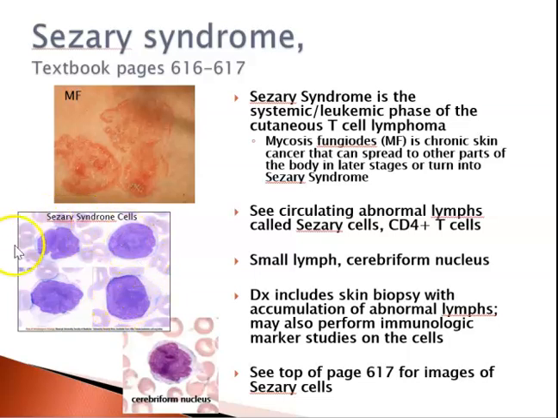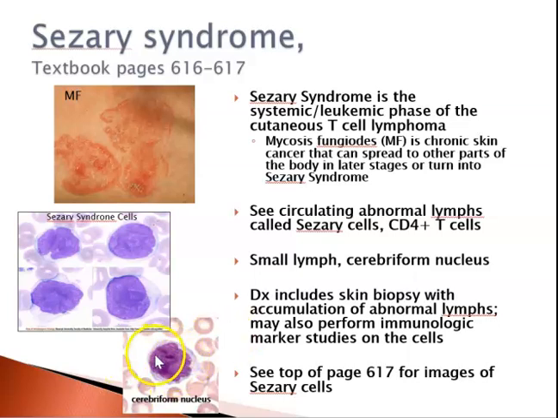And you can see some Sézary cells here, for example. They have a formation that they refer to as the cerebriform nucleus. And this is basically where the nucleus resembles a little brain. The nucleus looks like a brain formation.